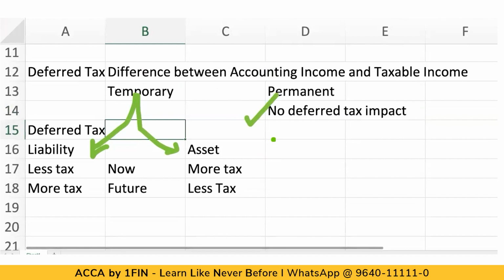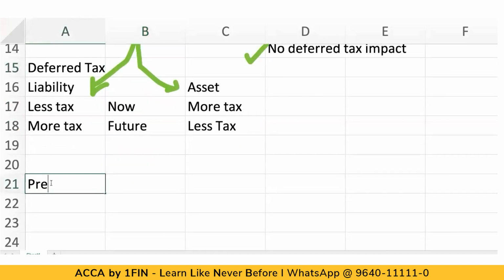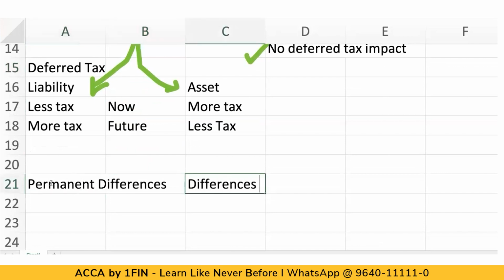Now, permanent differences are, for example, let us say there is a penalty expense. Income tax law says we do not allow penalty expense as a deduction. So something which is not allowed as a deduction creates a permanent difference. Or there could be another situation where the income is exempt. Even in that case, you do not create a deferred tax asset or a deferred tax liability. So those are differences which do not reverse in future.